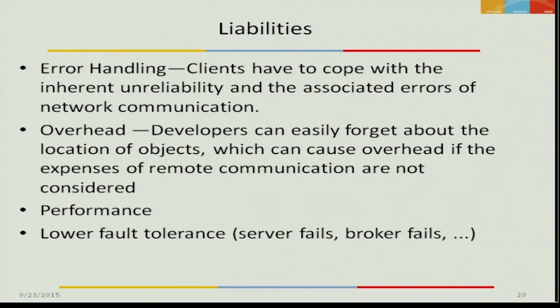Here obviously there is an overhead of the broker itself. The fault tolerance certainly goes down because of the broker being a single point of failure, unless certain availability patterns are applied to make sure that the broker is also highly available. If that's not there, then it becomes more vulnerable to faults.